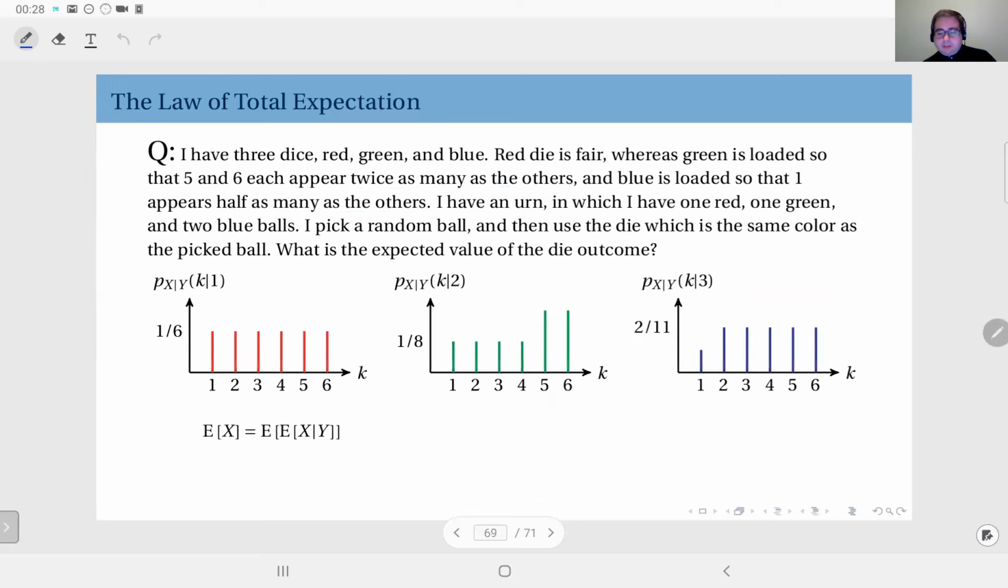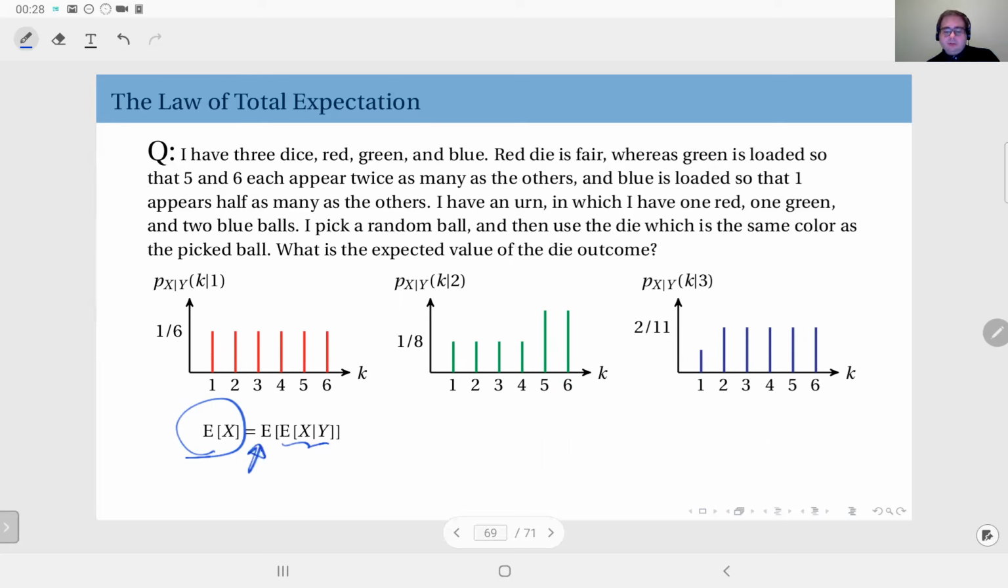I would like to compute the expected value of X, but you see I do not have the distribution of X yet. So to compute the expected value of X, I use the law of total expectation. I condition on Y and take this outer expectation.